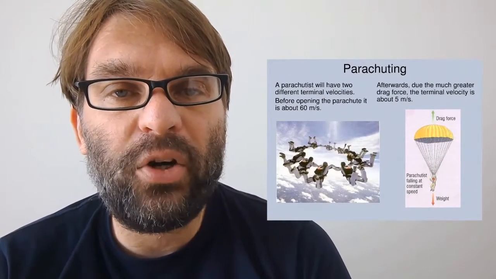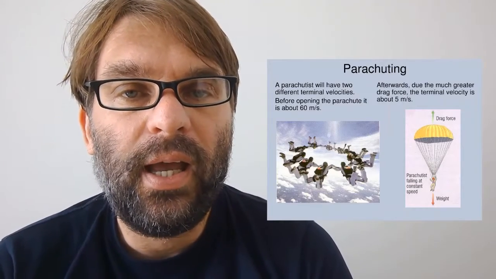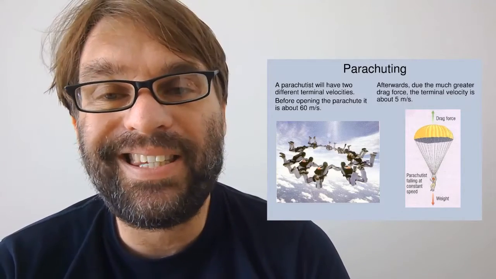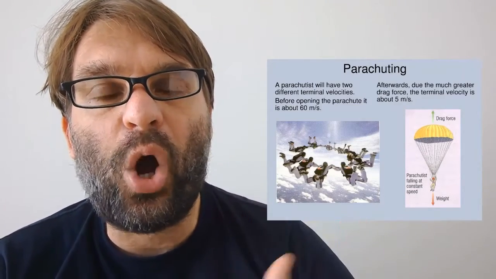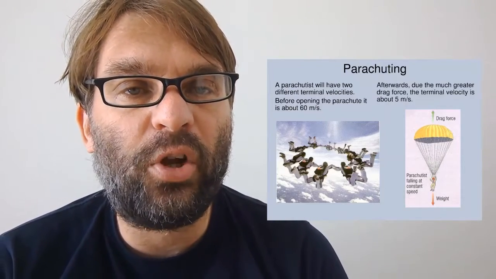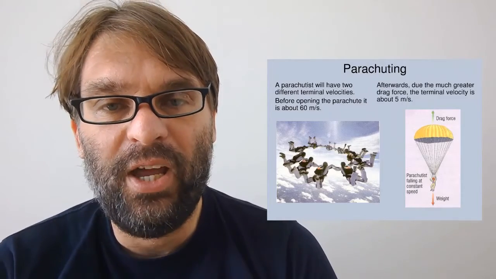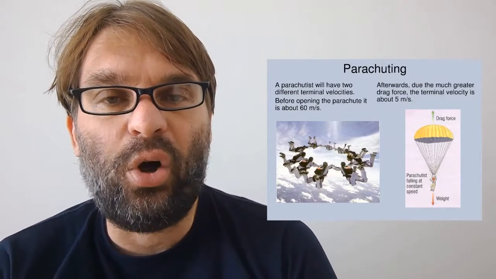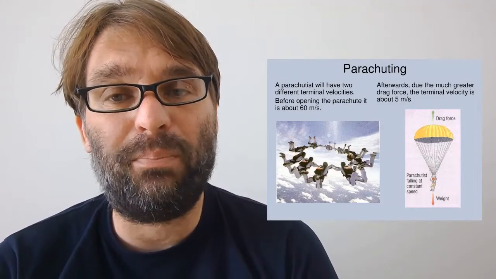So if you have a parachute, you have basically two terminal velocities. Before opening the parachute, it's about 60 meters per second. And then as you open the parachute, you begin to increase the drag force. The terminal velocity is about 5 meters per second, which is lucky in a sense, because if you didn't have a parachute, you'd keep on falling at a constant velocity of 60 meters per second until you hit the ground and go splat.